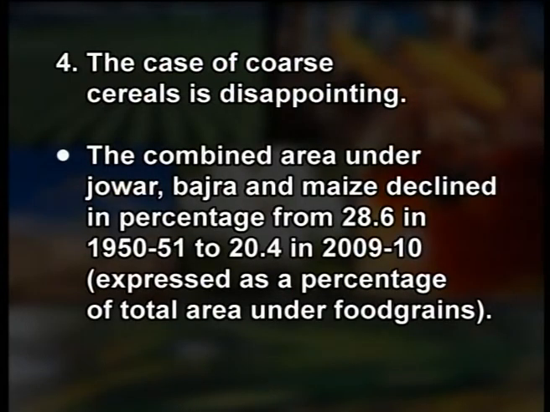Fourthly, the case of coarse cereals is disappointing. The combined area under jowar, bajra, maize declined in percentage from 28.6% in 1950-51 to 20.4% in 2009-10, expressed as a percentage of the total area under food grains.